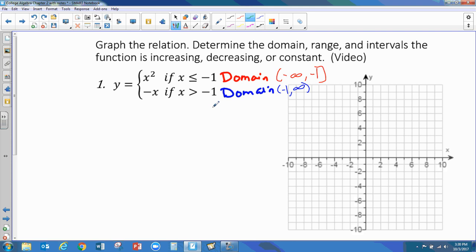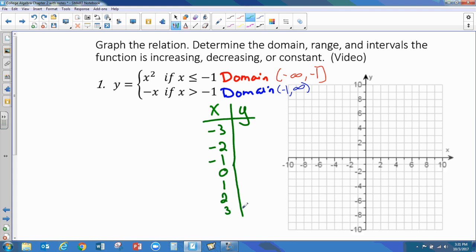So x and y. Okay. So -1, or not -1, we said -3. So -3, -2, -1, 0, 1, 2, 3.